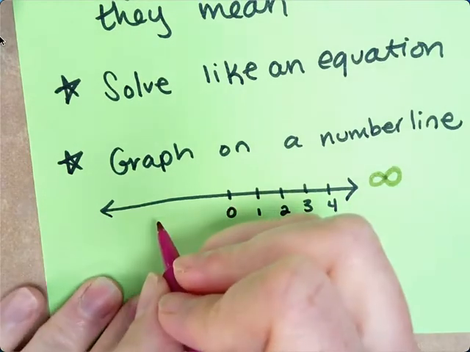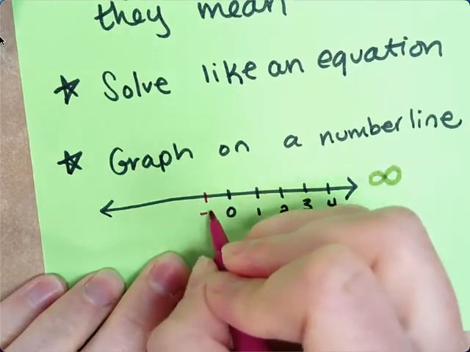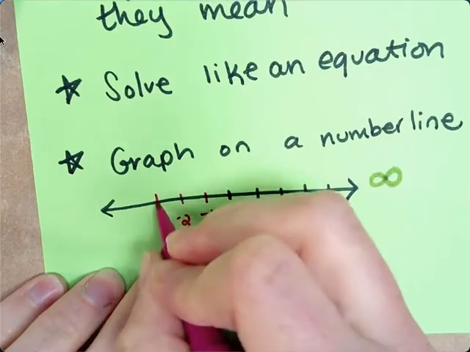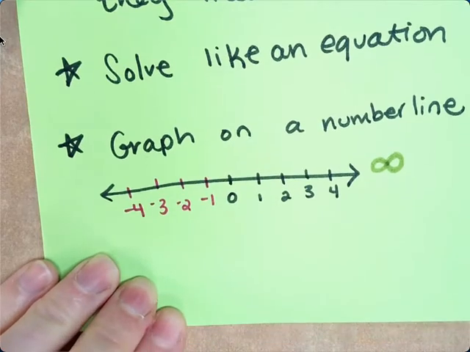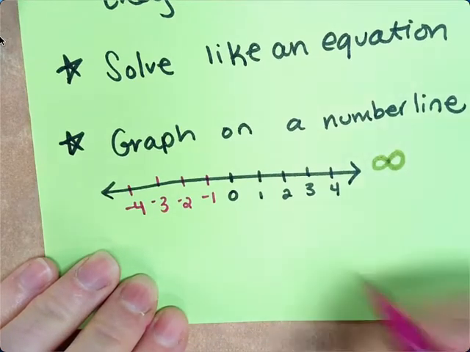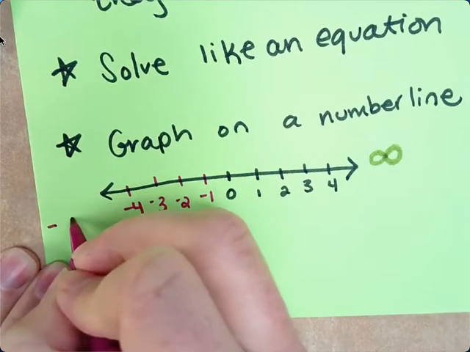If we go to the left on a number line, we're going in the negative direction. And you would go on and on to negative infinity.